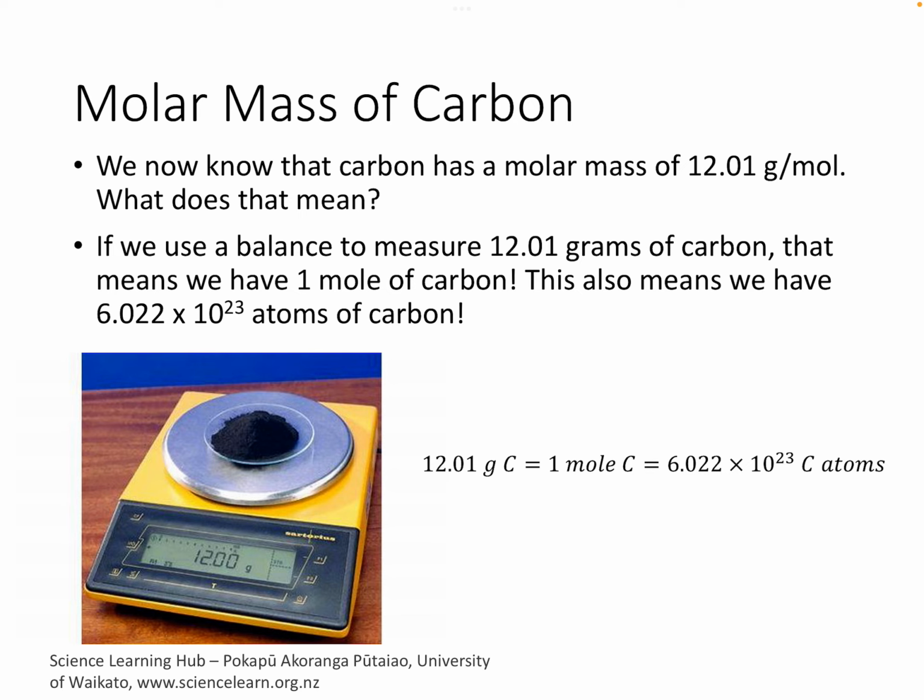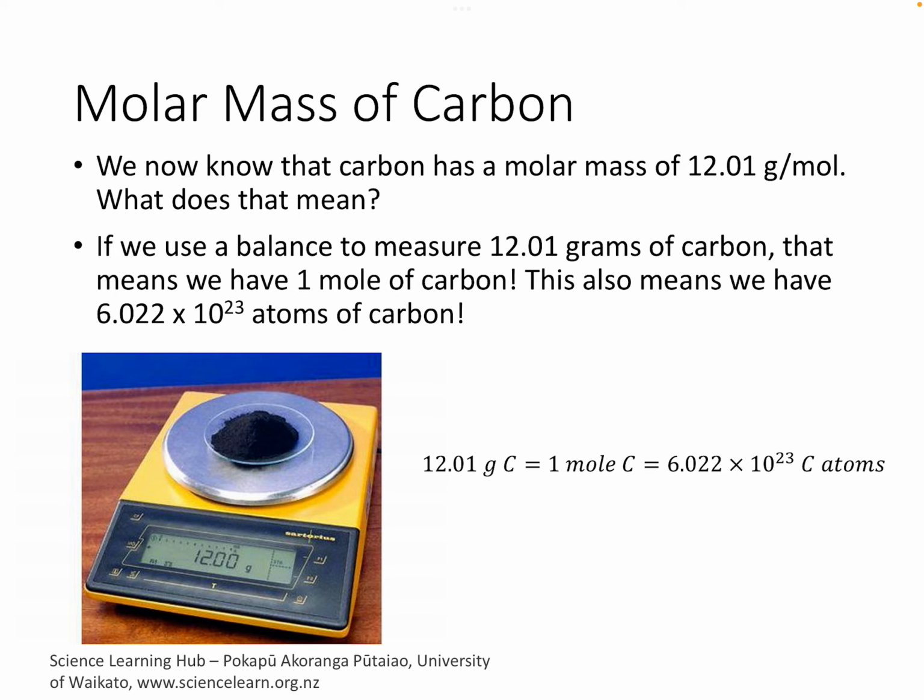So now that we know that carbon has a molar mass of 12.01 grams for every 1 mole, what does that mean? If we used a balance to measure exactly 12.01 grams of carbon, we would know that that is equal to 1 mole of carbon. And in the previous video, we saw that 1 mole of something is equal to Avogadro's number of that item.